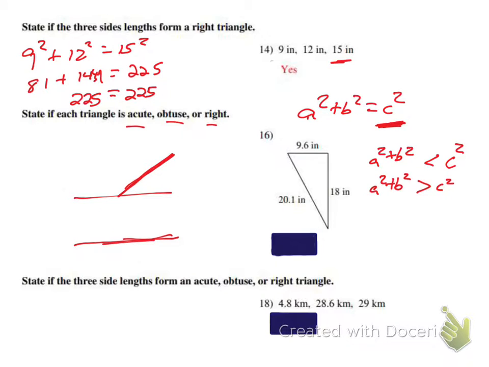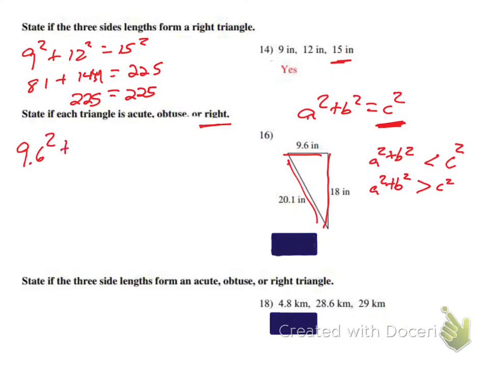So let's take a look at this one right here. And obviously we know if a squared plus b squared equals c squared, that means it's a right. So I have an a, I have a b, and there's my c. So I'll do 9.6 squared plus 18 squared is equal to 20.1 squared. 9.6 squared is equal to 84.64.